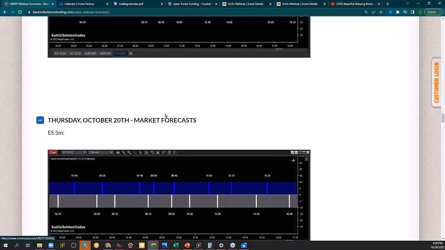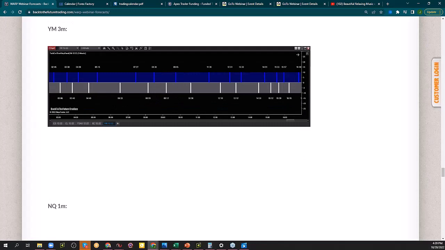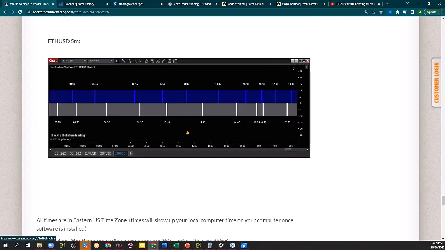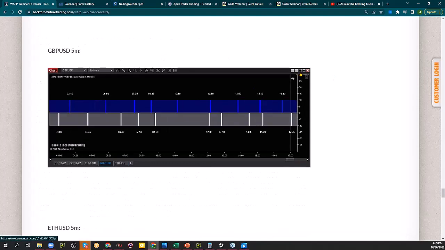And then you can see all the times for Thursday as well, same instruments. Once those are posted on the website, they don't get changed. And I think Michael and Ron have been doing this for the better part of 10 years, we'll just say a decade.